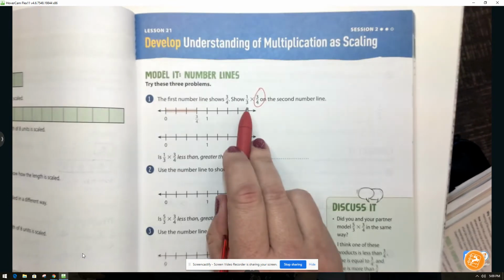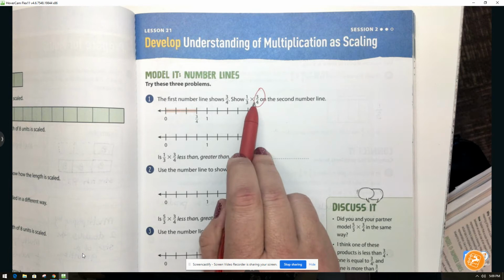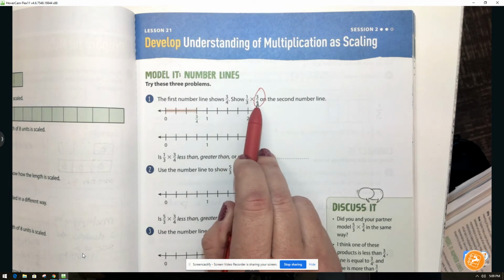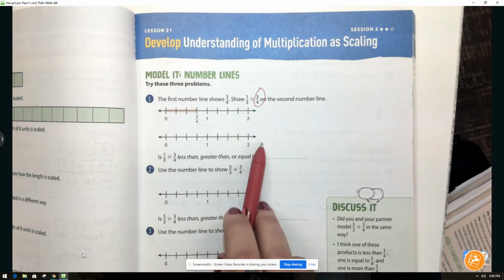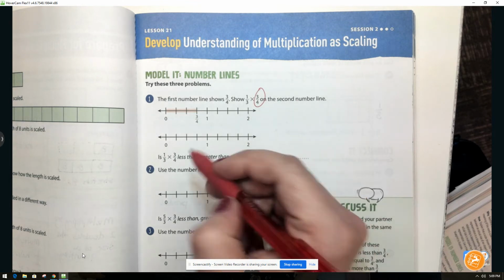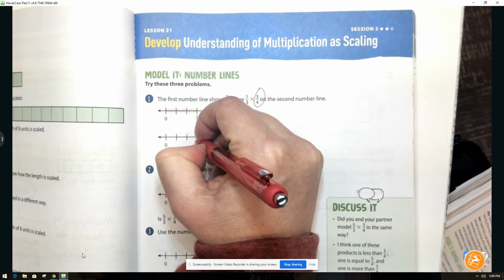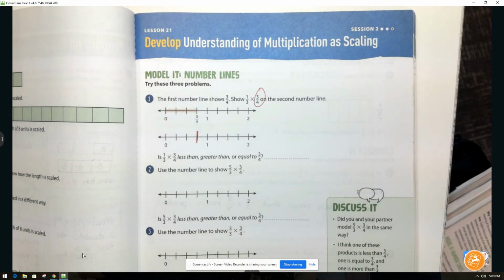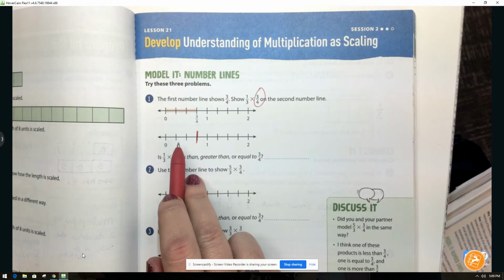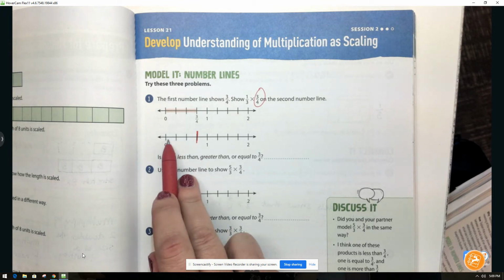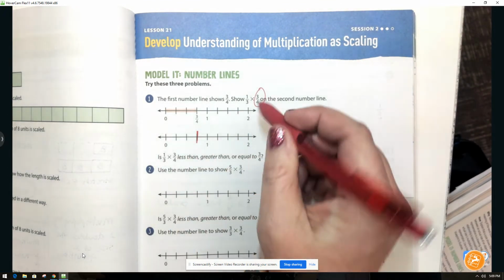Okay, now we're going to multiply and we're going to find out what is 1/3 of 3/4, and we're going to put that on this line here. So if we see that 3/4 is here, if I want to know what 1/3 of that line is, I need to make sure that this section here is broken into thirds.